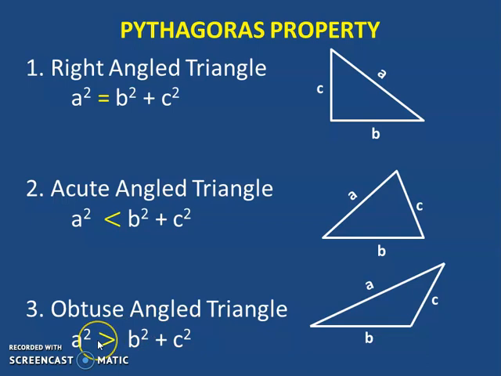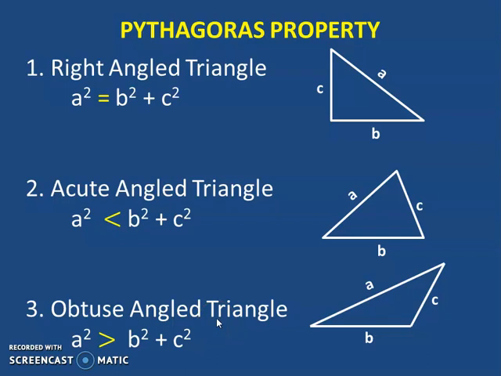If the square of the longest side length is greater than the sum of the squares of the other two sides, it will be an obtuse angled triangle, not acute, not right.